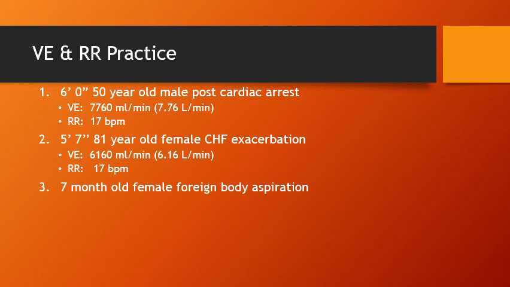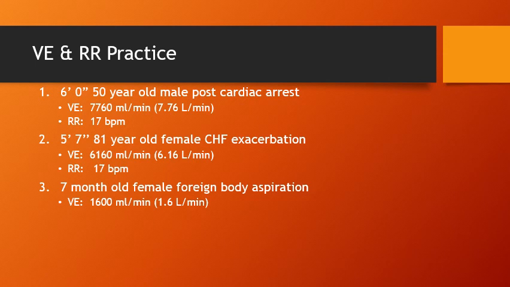Patient number 3, our 7-month-old female with a foreign body aspiration. Go ahead and pause your video and calculate her minute ventilation and respiratory rate. So for this patient's minute ventilation, you should have gotten 1,600 milliliters per minute, or 1.6 liters per minute.